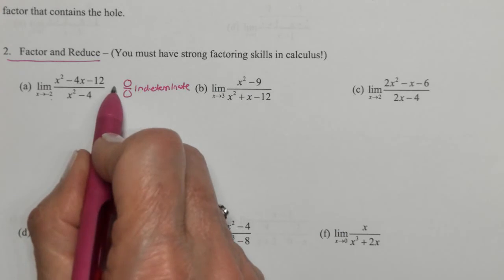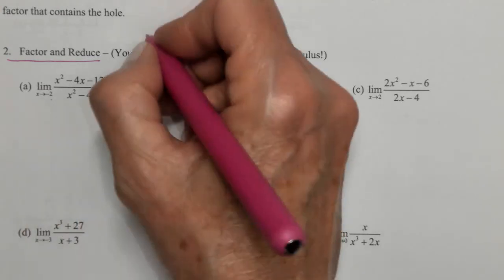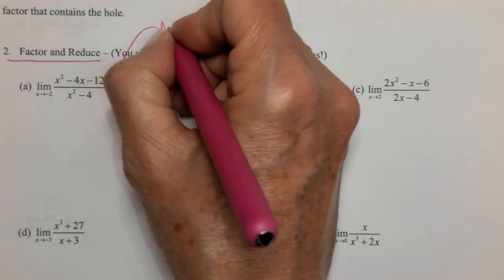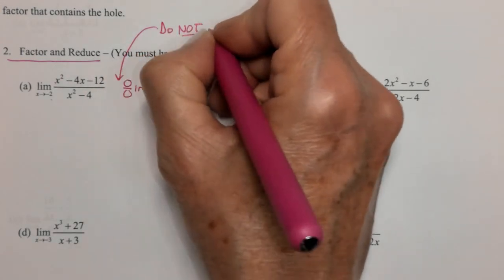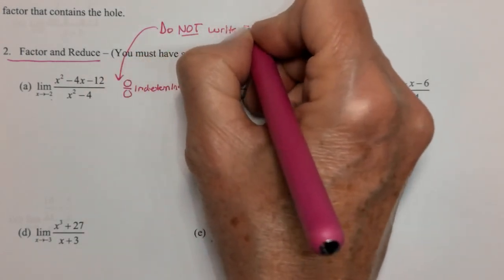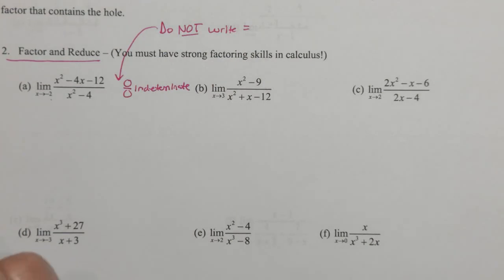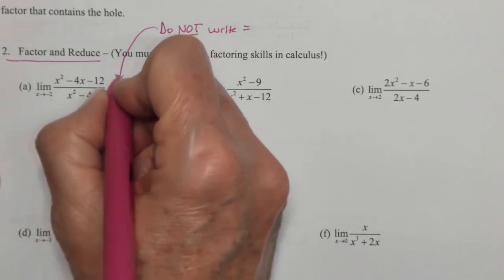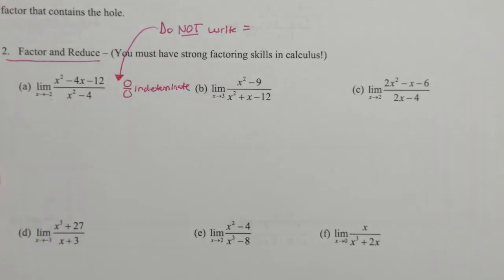Do not write equals here, okay? A limit is never equal to 0 over 0. You will not get full credit if you write an equal sign right there, okay?